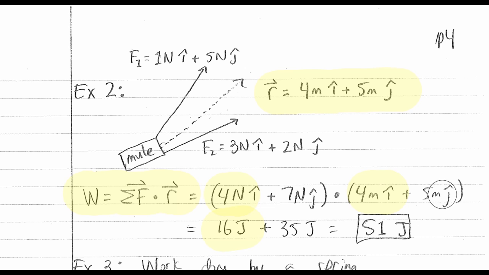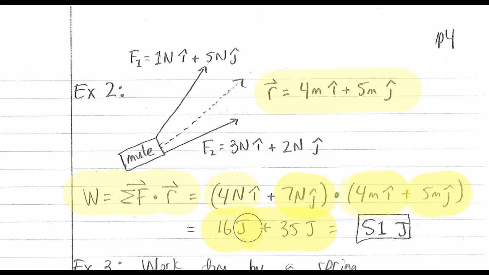Inside, 7 newtons j hat dotted with 4 meters i hat: again perpendicular, nothing. And finally, last is 7 newtons j hat dotted with 5 meters j hat. Now those are parallel, so there is a non-zero dot product. It's 35 joules.